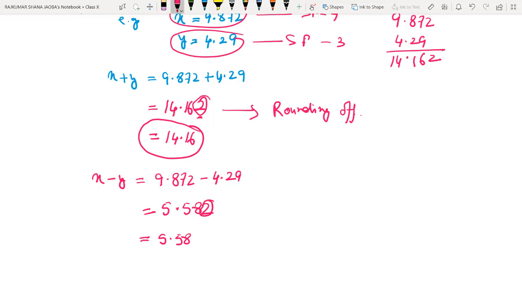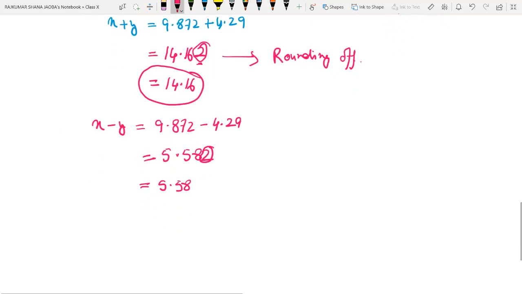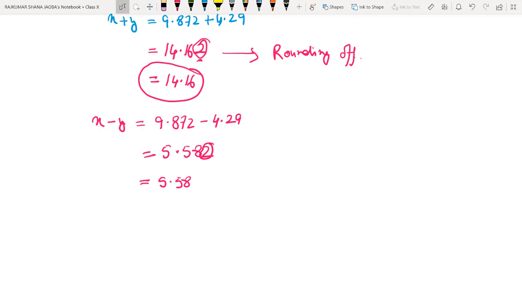The same rule applies in the case of multiplication and division also.